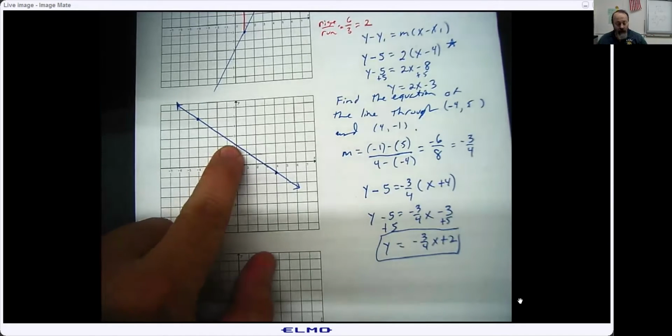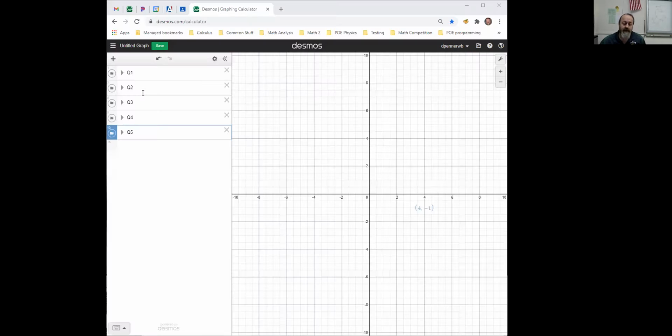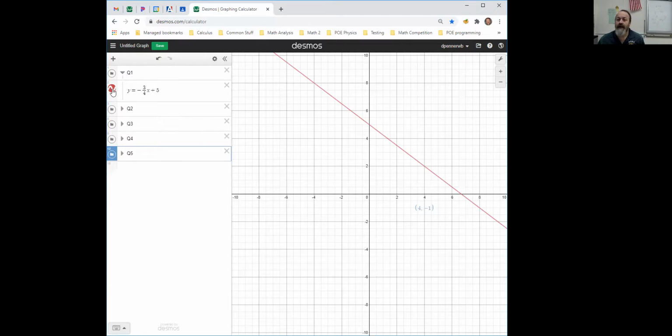Now, if you don't have graph paper, it turns out you can actually take a look at it using some programs. So in Desmos, I just set myself up to that first problem that we had a few moments ago. We had -3/4 x plus 5. See, we can look at that right there. So notice the coordinate 0, 5.